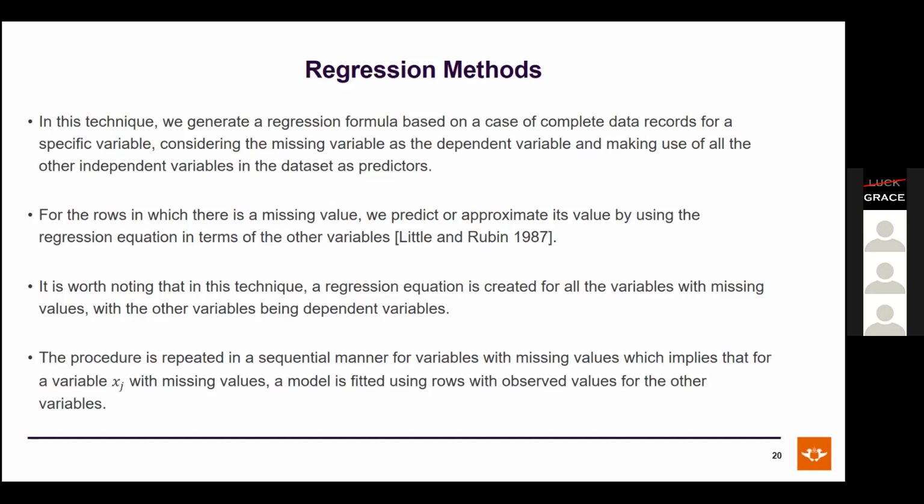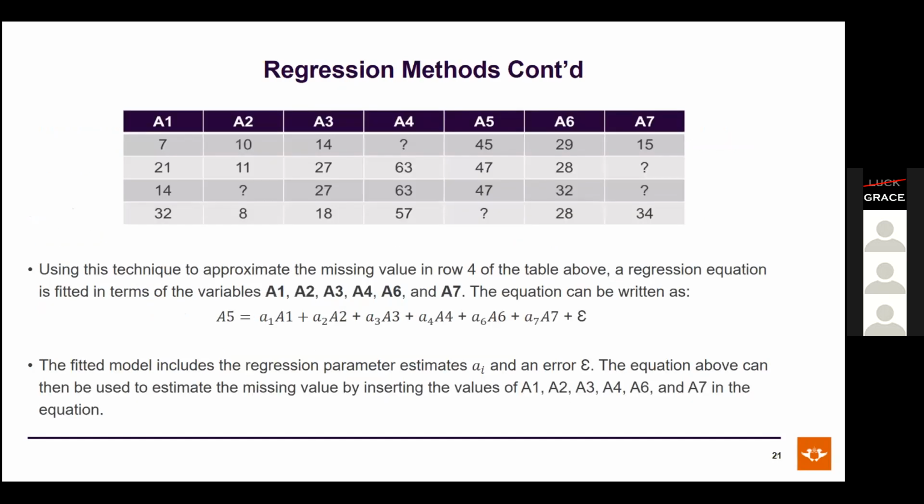Now, the process to impute this missing information is repeated in a sequential manner for variables with missing information, which implies that for a variable with missing values, a model is fitted using the rows with observed values for the other variables. So we're going to see an example of how the regression method would work.